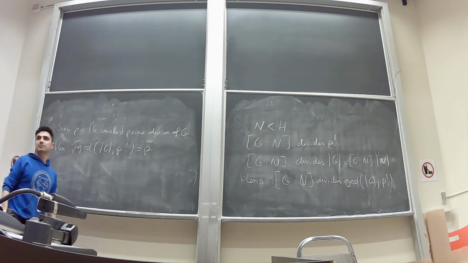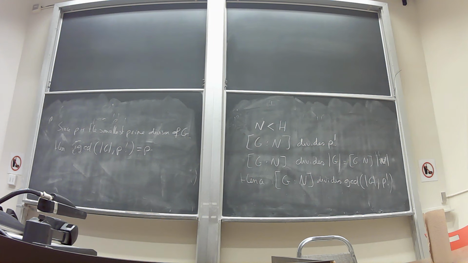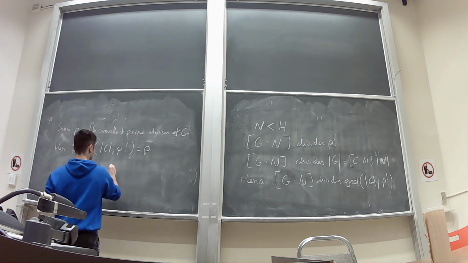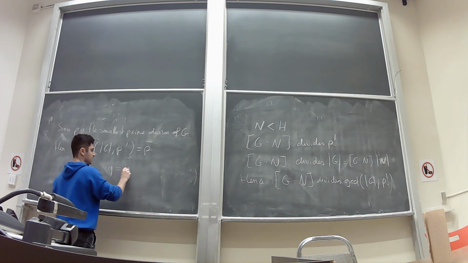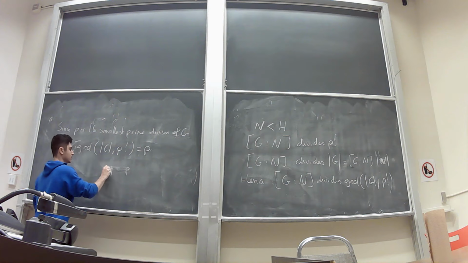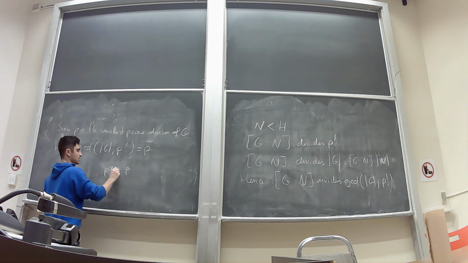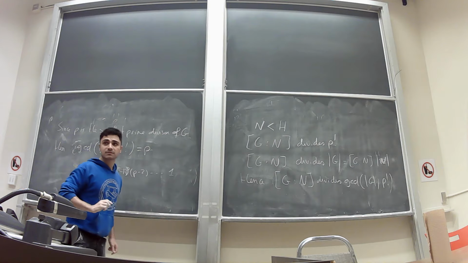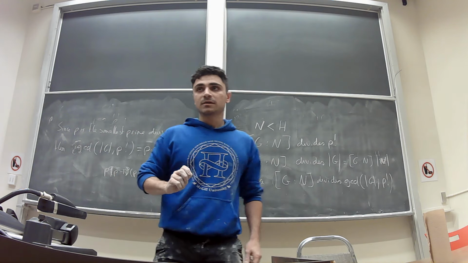It's the smallest, but how does that say that P factorial does not include other divisors of G? Very good question. Let Q be a prime divisor of P factorial. So P factorial is P times P minus 1 times P minus 2 and so on down to 1.